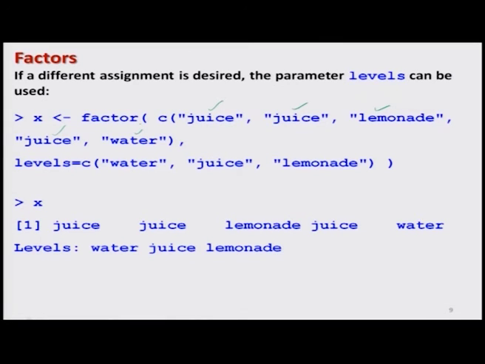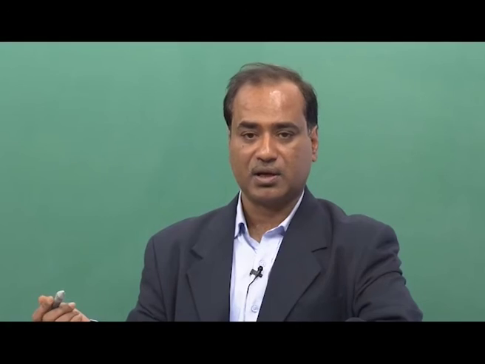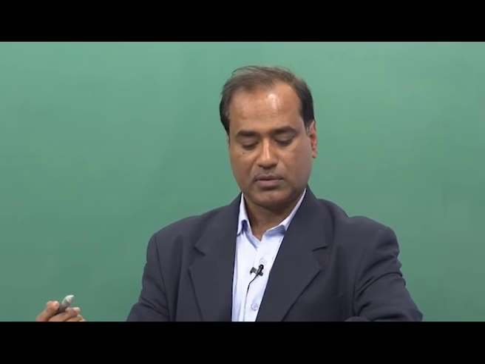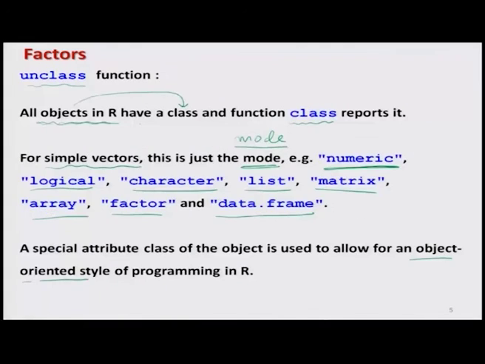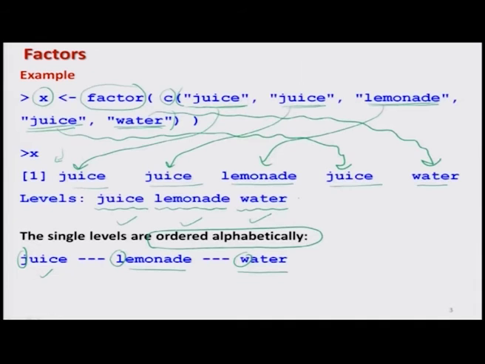And the levels of this factor were automatically chosen by the R software. For example, you can see here in this outcome that the levels we obtained were juice, lemonade and water.